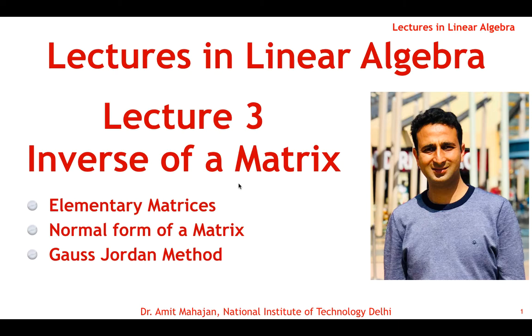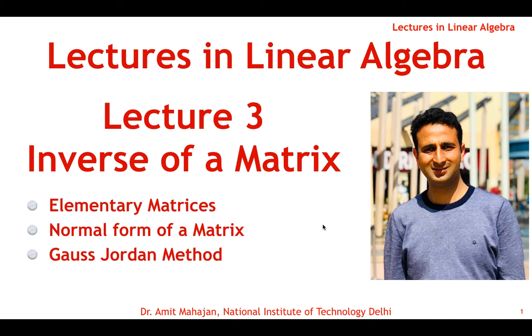We are not going to discuss that, but we'll talk about using elementary matrices and elementary transformations to find the normal form, and then using the normal form to find the inverse of a matrix, and also the Gauss Jordan method to find the inverse of a matrix if it exists.